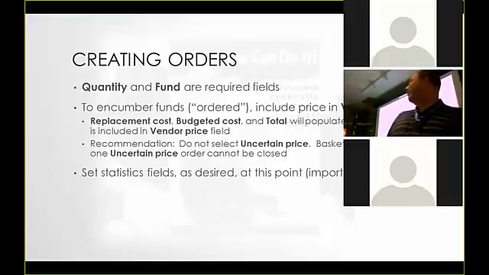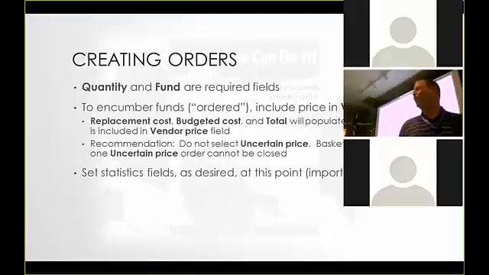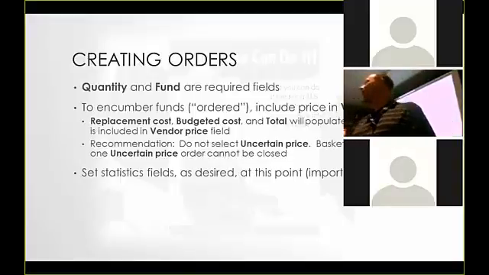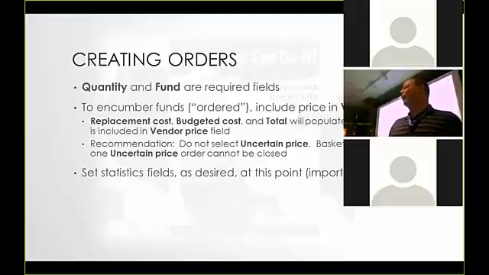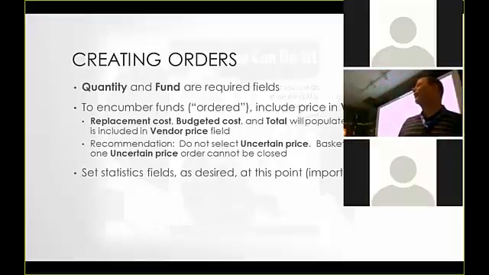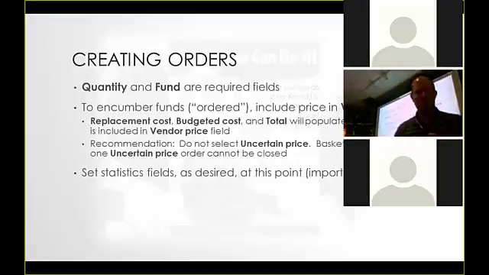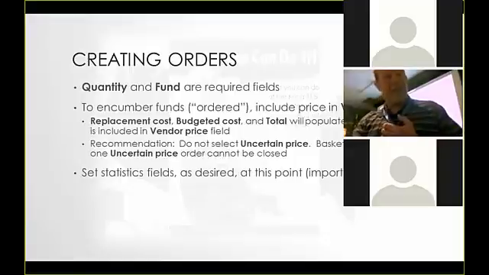I recommend, because quite honestly I haven't figured out the purpose for it, that you do not select uncertain price. I'm like, oh, this can be the place where I say, well, I don't know that this is the price, and maybe it'll give me a little wiggle room. Actually, nothing could be further from the truth. If you have uncertain price marked with any of your orders within a single basket, you can't close the basket. If you can't close the basket, you can't receive orders, and nobody can join.